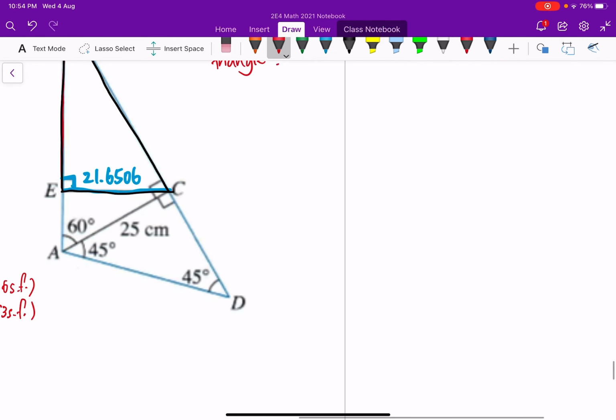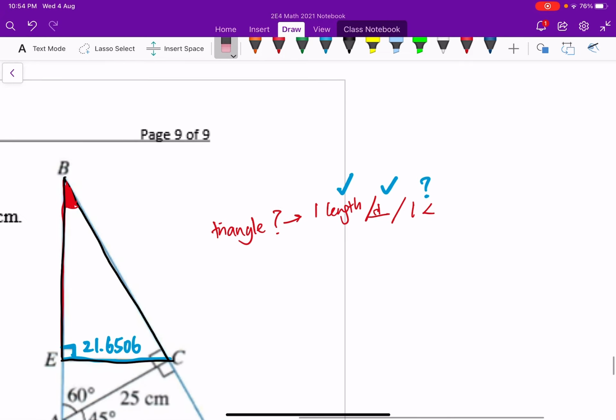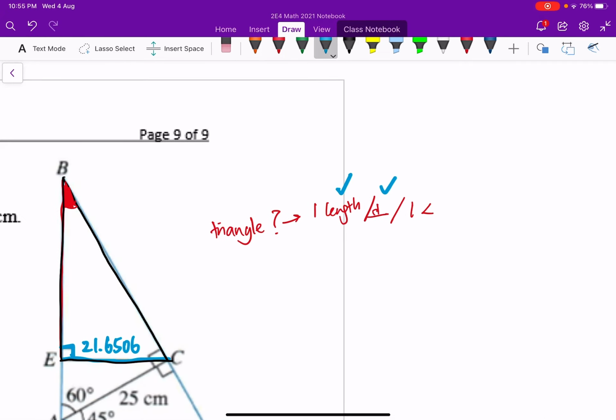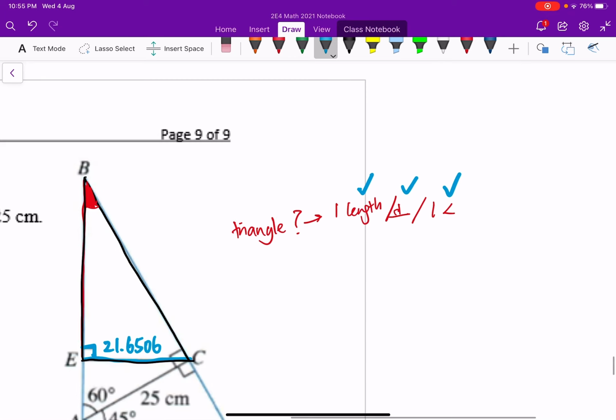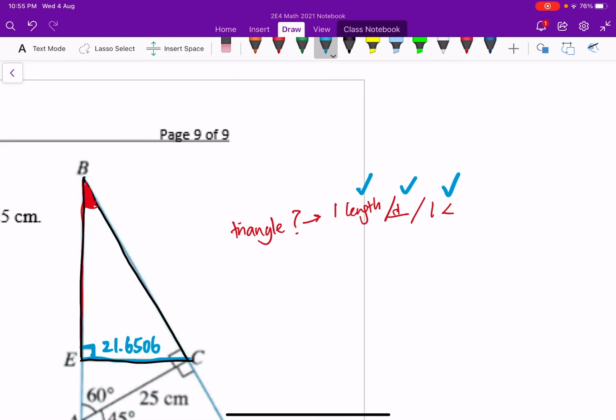Once you finish this set of working, my third step is done. My first decision is done. I've decided to use BEC, because I found the angle, which is 30 degrees right here.